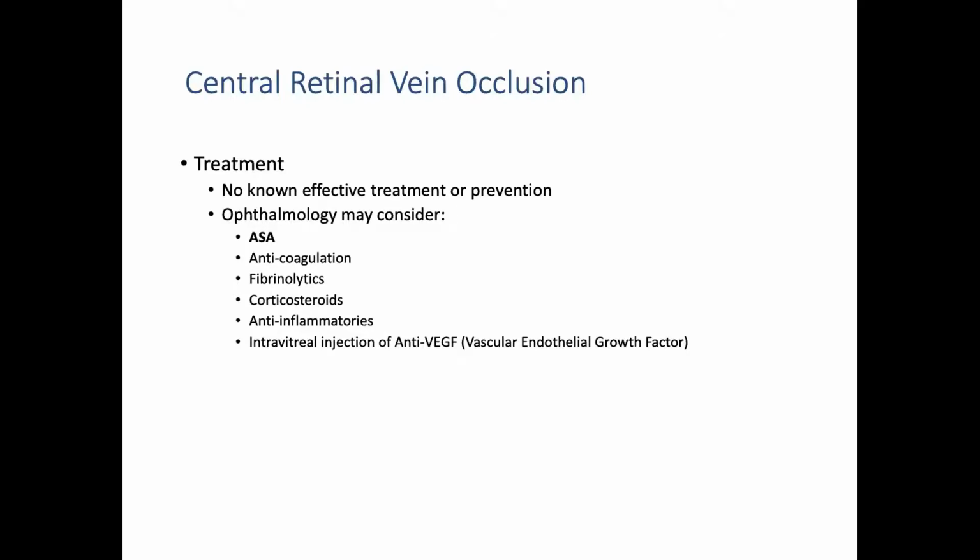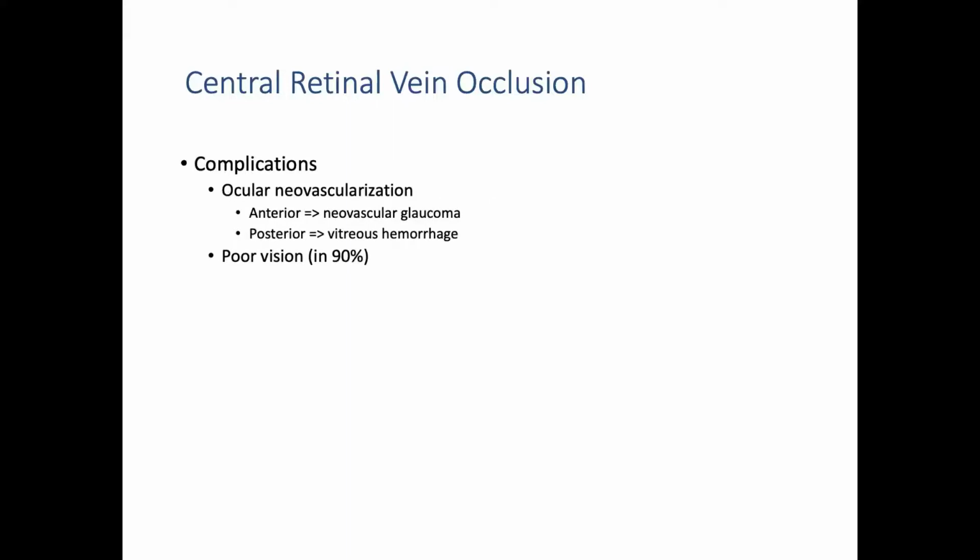So this intravitreal injection of anti-VEGF sort of prevents that. So there's treatment out there for these patients. What I'm not sure of is how effective they are long term. The big complication is neovascularization, which can cause neovascular glaucoma in future, and these patients are usually left with poor vision.